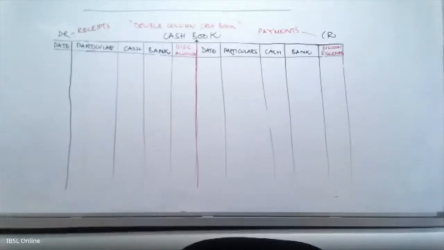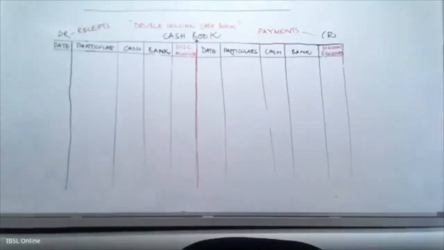So what we are going to do now is record the transactions that are given in the presentation slide into this cash book. So how are we going to start with this? If you read the question, it says the cash balance of MN company as at 1/1/2019 was 50,000 rupees. Now the 50,000 rupees is actually your cash balance.